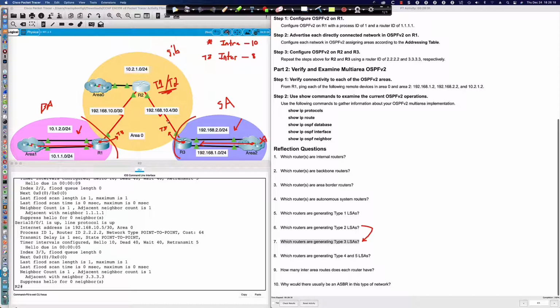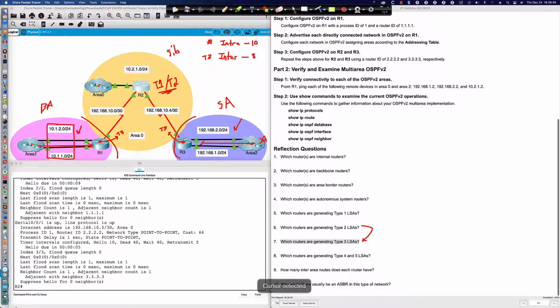Now remember, we're not talking about summary, and you'll see that that is not what's happening when we look at the database. We do not take those two IP addresses and perform a bitwise summary on them to come up with a single network advertisement, and then that is what is given to area 0. Now, can we summarize with OSPF? We can, but that is not the function of the type 3 LSA.